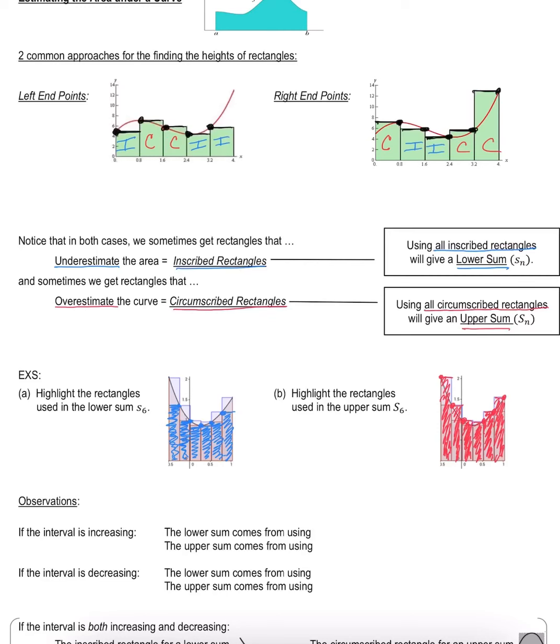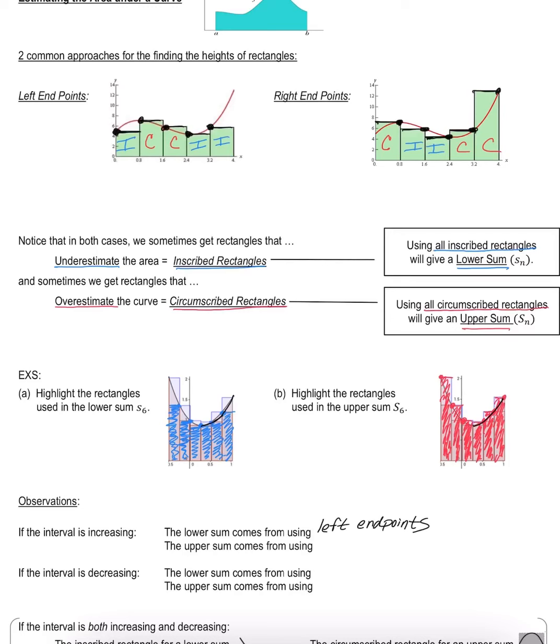If we focus on regions of functions that are increasing, so that means this part of the curve right here in each of our examples, the lower sum, which was part A, what's in blue, is coming from using the left endpoints.